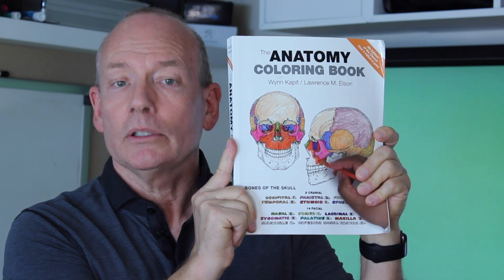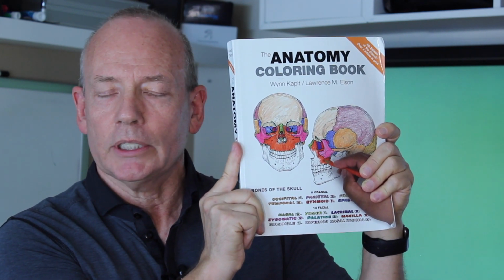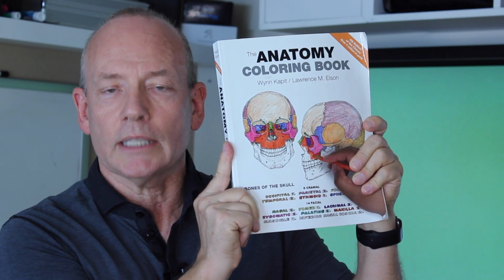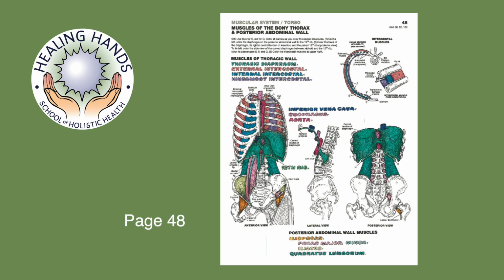The coloring book is another resource that you're going to use to learn the anatomy for circulatory massage. Here are the specific pages that you need to go over for this section. On page 48, the intercostals, as well as quadratus lumborum.